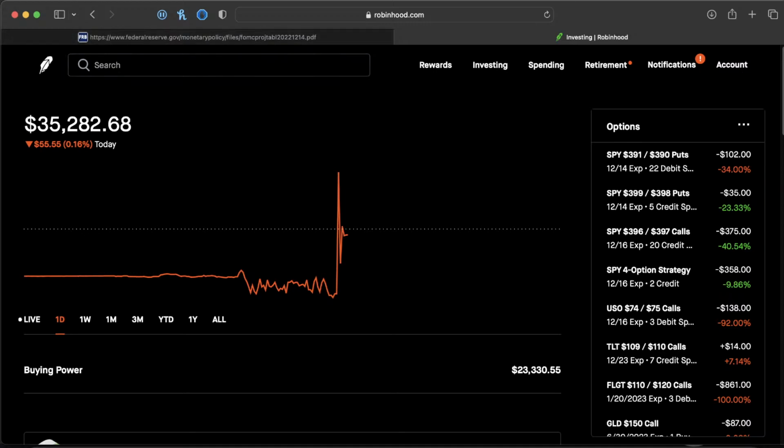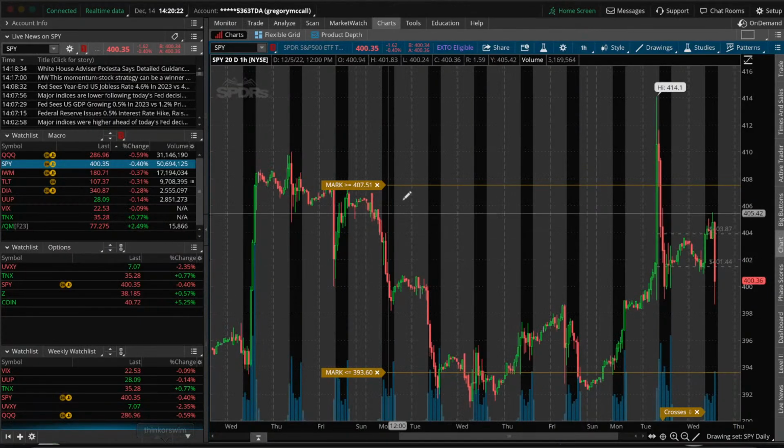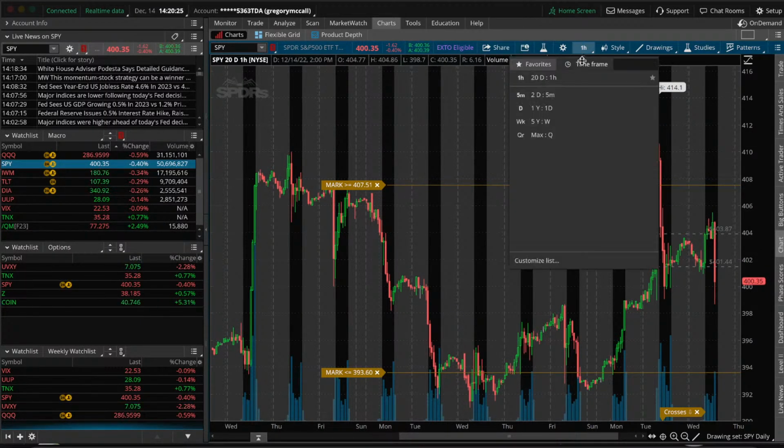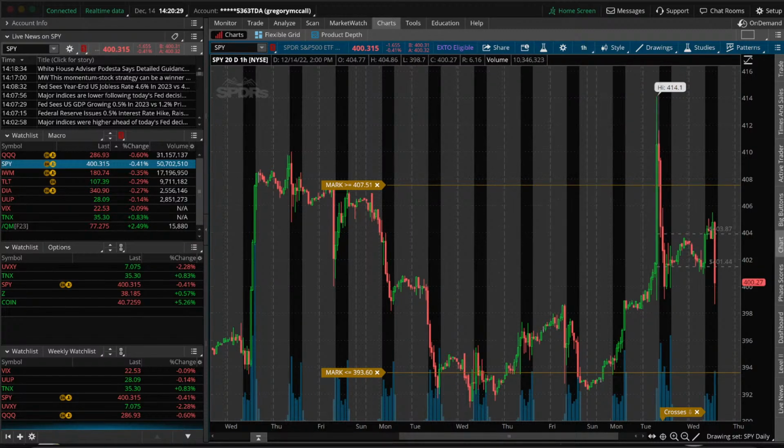So again, I'm going to do a put credit spread, assuming that we're going to stay above 396. It's not paying very well, so that's my kind of contention against it. It's paying decent, I'll say. Actually, the price just went up, so let's see if we can get a decent credit out of it.